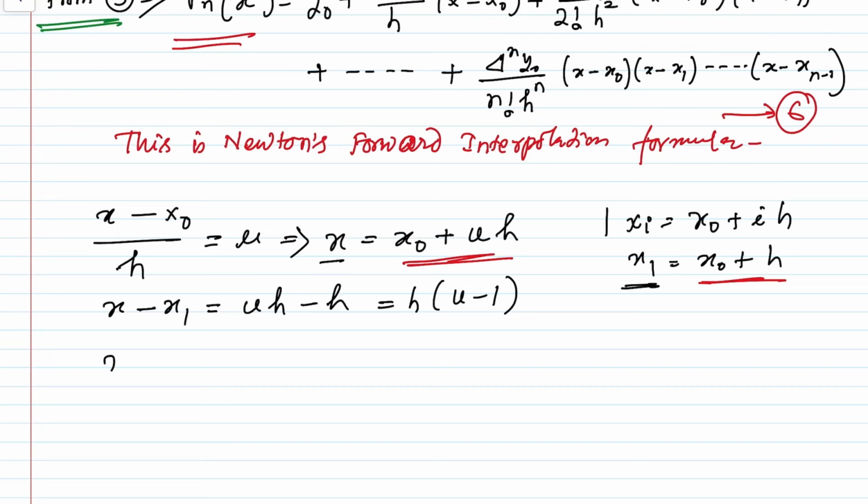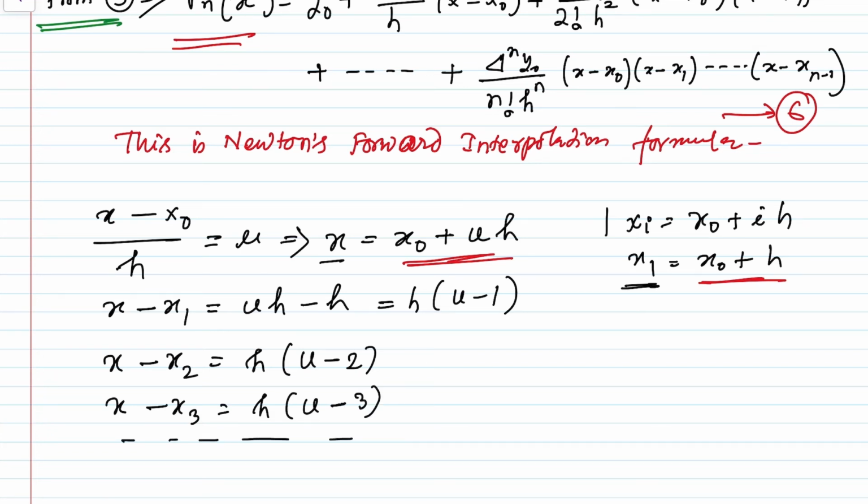Similarly, we will get x minus x2 is equal to h into u minus 2, x minus x3 is equal to h into u minus 3, and so on.